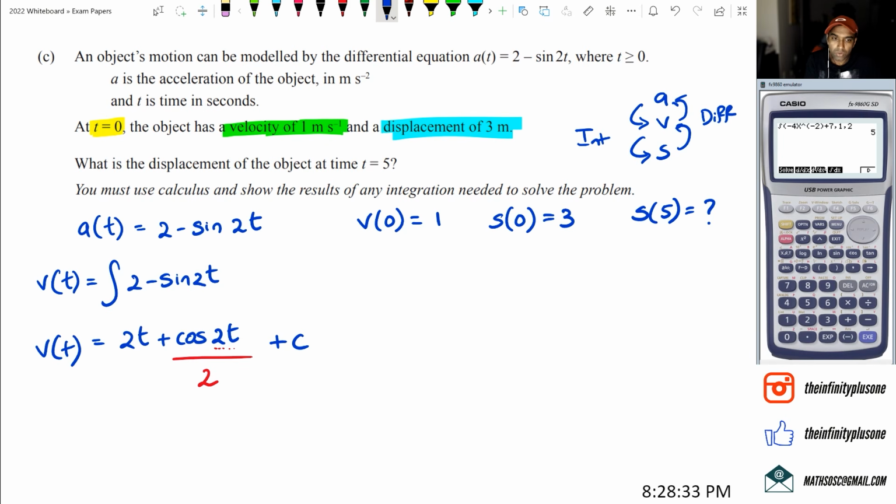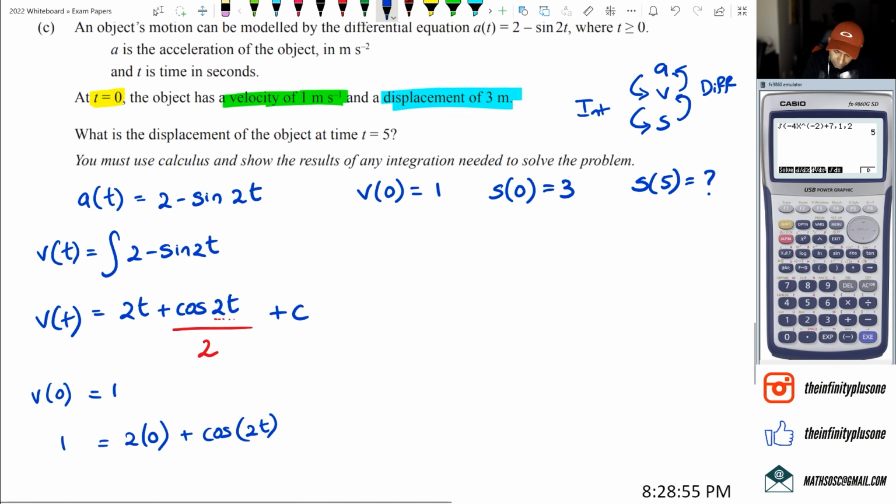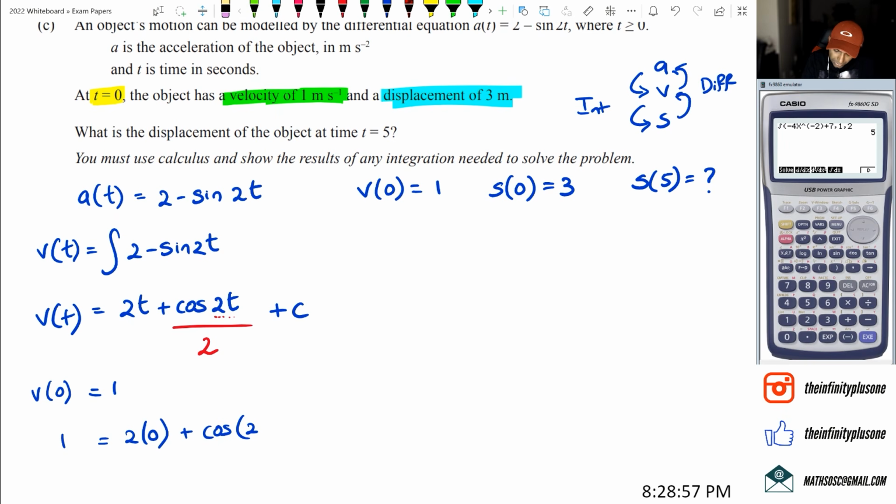But we know that v of 0 is equal to 1. So we can use that to figure out what the c value is going to be. Since v of 0 is equal to 1, we can say that 1 is equal to 2 times 0 plus cos of 2t, but of course t is equal to 0, divided by 2 plus c.